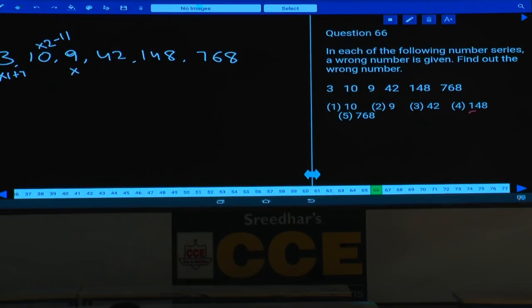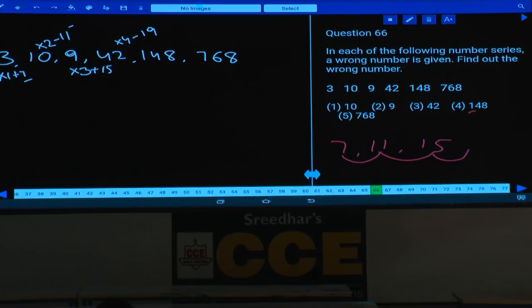Then 9 into 3 is how much? 27, 27 plus 15, and 1, 2, 3. And 42 into 4. 42 into 4 is how much? 168. 168 minus, no sir, what are these numbers? 7 and 11, 7, 11, 15. Now 7, 11, 15: 7 plus 4 is 11, 11 plus 4 is 15, 15 plus 4 is 19. Hence 19 must be subtracted.